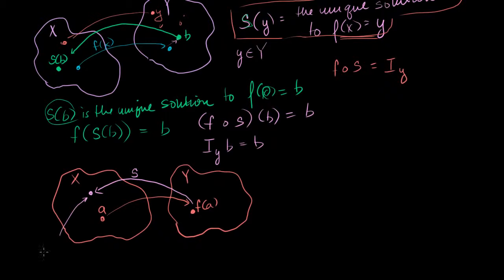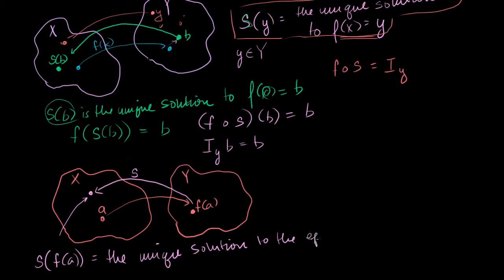So that's going to be s of this point, which is f of a, which we know is the unique solution. So this is equal to the unique solution to the equation f of x is equal to this y right here.